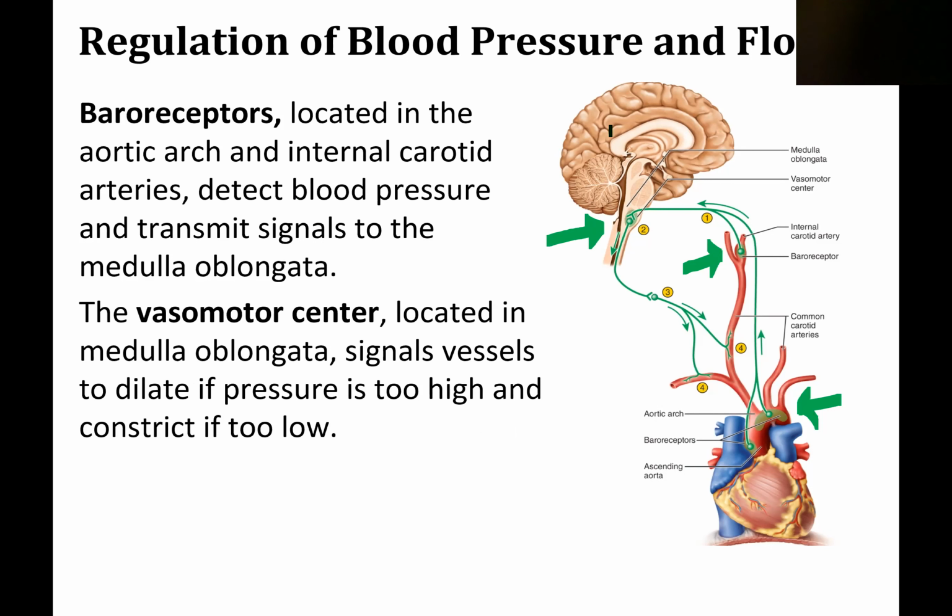There is a vasomotor center right next to the cardiac center in the medulla oblongata. This is going to send impulses that can either vasodilate or vasoconstrict to change the blood pressure.